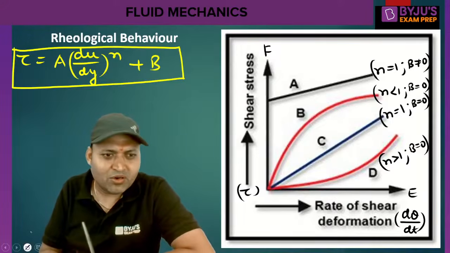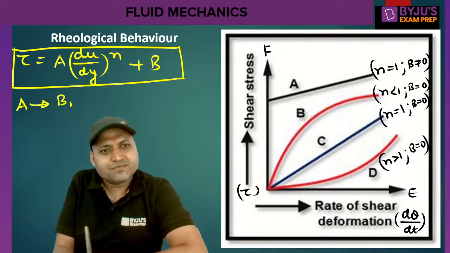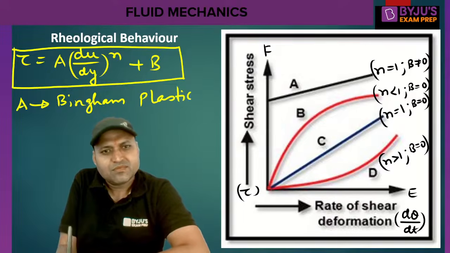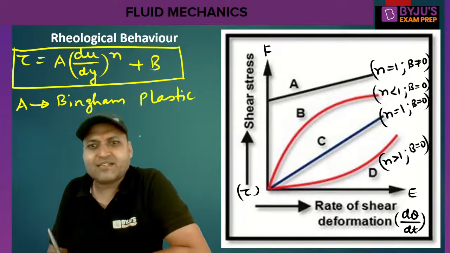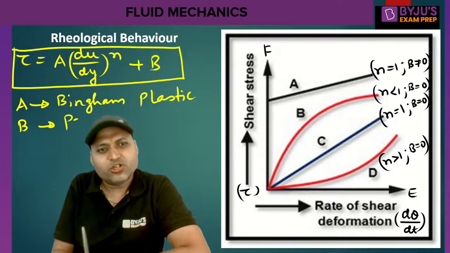Can you just let me know? Curve A stands for Bingham plastic. B is for pseudoplastic.